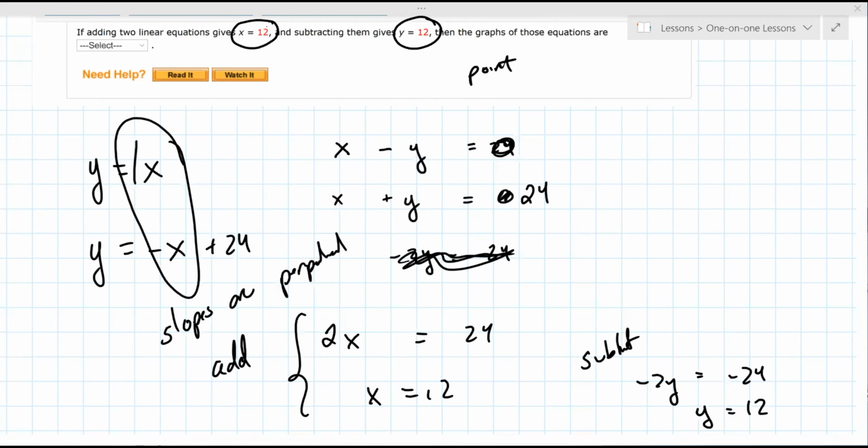Oh, good. Interesting. They're not perpendicular according to this. So there's a drop down. I'll let you figure it out.